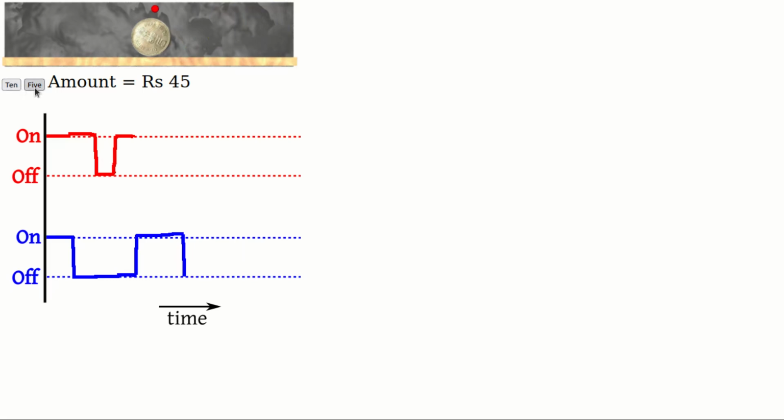So let's work with the fiver. The fiver has moved out, so now the blue one will come up. But here, the red one was all along high. So this particular structure is for the 10 rupee coin and this is for the 5 rupee coin.